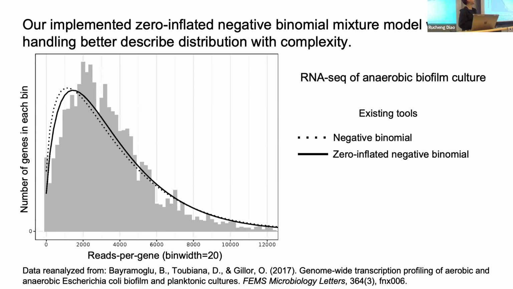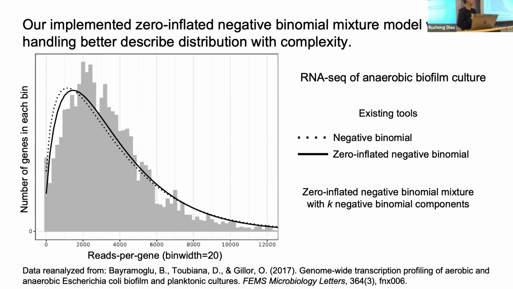One thing we notice is that the peak in this fit is leftward shifted and a little bit lower than what we observed. We think it's likely trying to account for the zeros by shifting the negative binomial distribution and ends up with this fit. So this is not ideal.